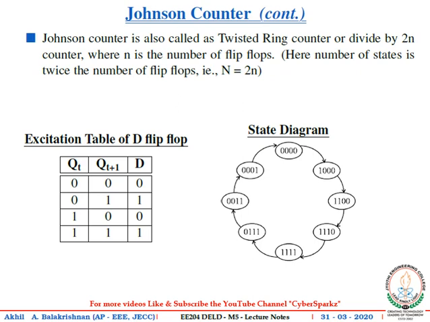From the next clock pulse onwards, one flip-flop will be reset, starting from the starting bit. Starting bit in the sense, the bit which is first set in the circuit. So at the next clock pulse, the output becomes 0111, and this pattern will continue till all the flip-flops are reset. Here you can see there are 8 states for a Johnson counter.